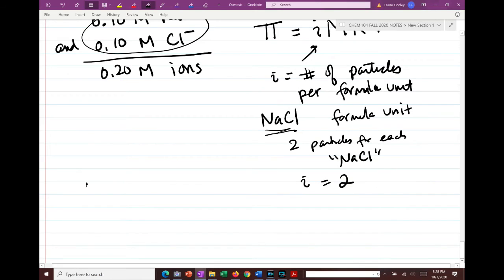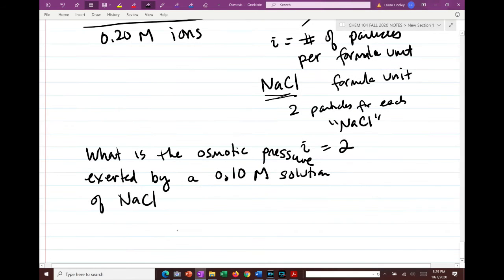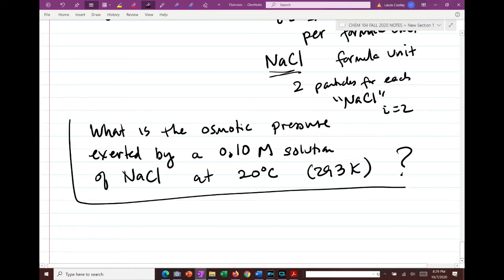So if I want to figure out what is the osmotic pressure exerted by a 0.10 molar solution of NaCl at 20 degrees C, which is 293 Kelvin. Okay, if I want to answer that question, I don't like the way this looks here. So this is the question.